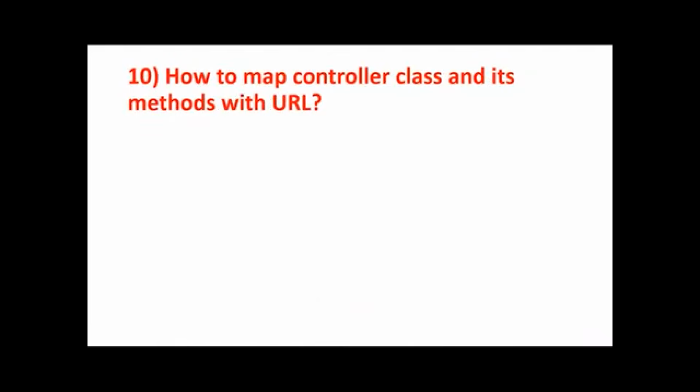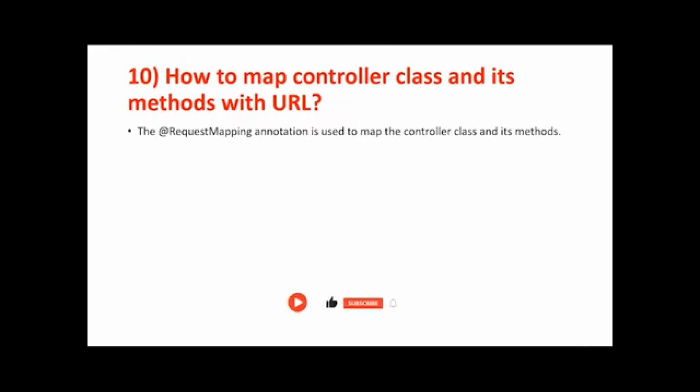How to map a controller class and its methods with a URL? I just want to connect a URL and HTTP method to controller code. How can it be done? We can use the @RequestMapping annotation as a base annotation at class level and method level. Remember, other HTTP method annotations like get, post, put, delete you can apply only at method level.